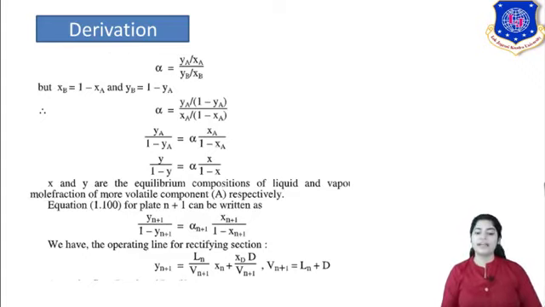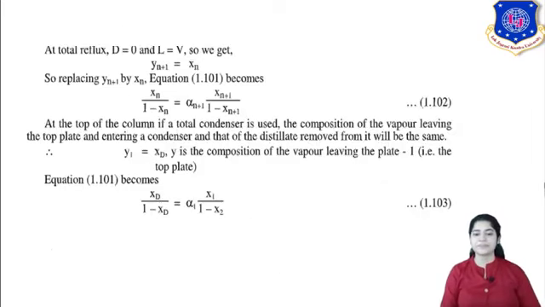Now the operating line of the rectifying section is given here. Again, the total material balance is Vn plus 1 is equal to Ln plus D. You must remember that for the top part, this is your overall material balance, and the above equation is your operating line equation of the enriching or rectifying section. Clear?